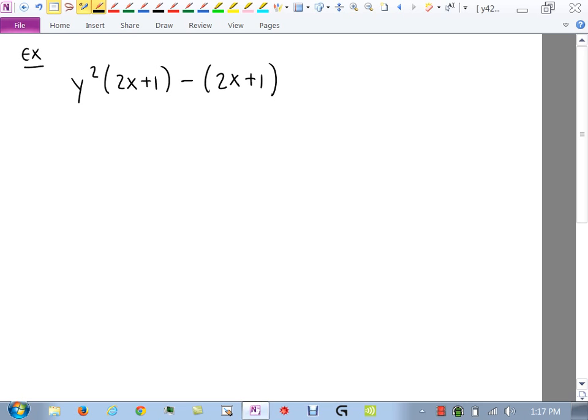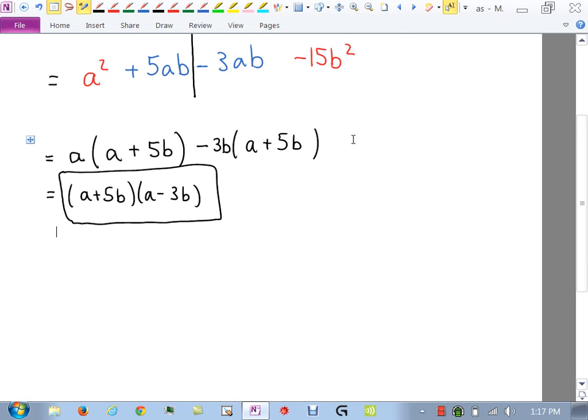Now, the instructions here are to factor. Everything we've been doing up to this point has been factor, factor, factor. Yeah, good. This is actually very close to this last step of grouping, isn't it?